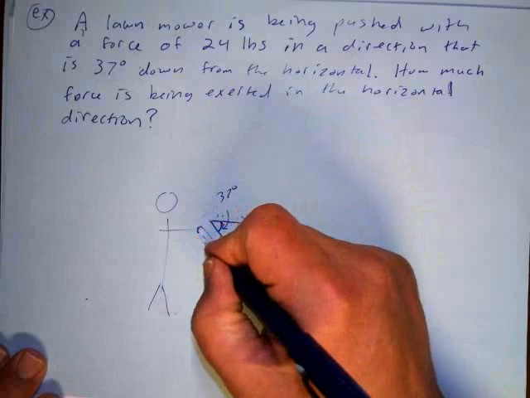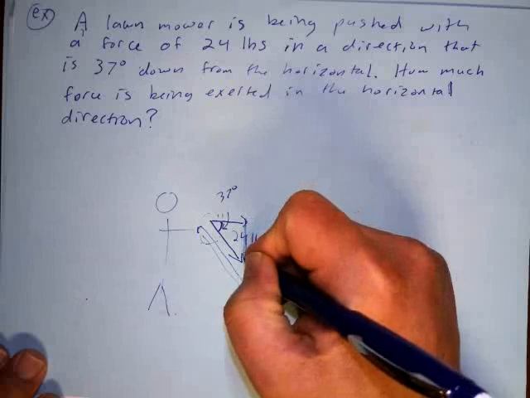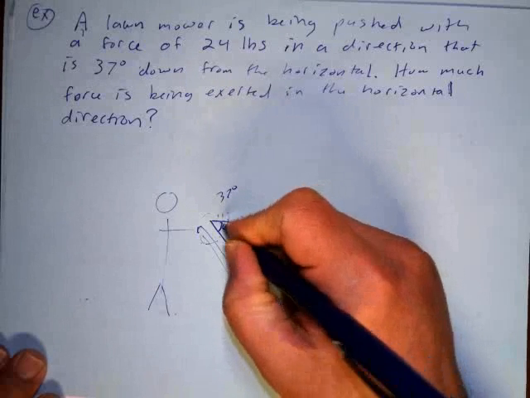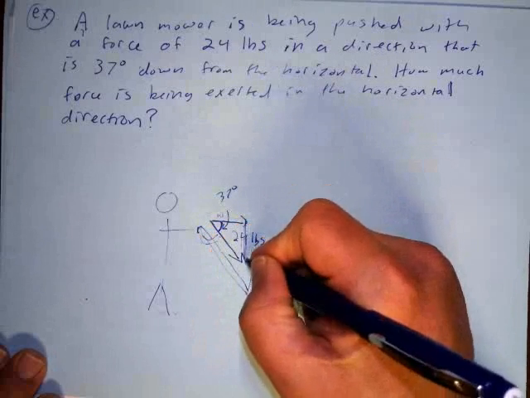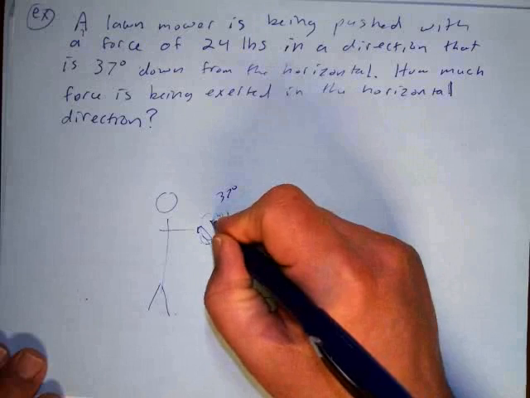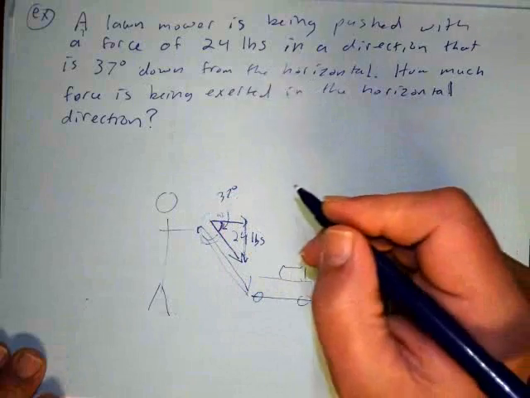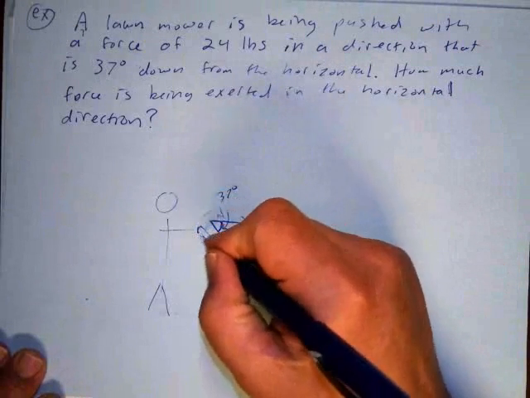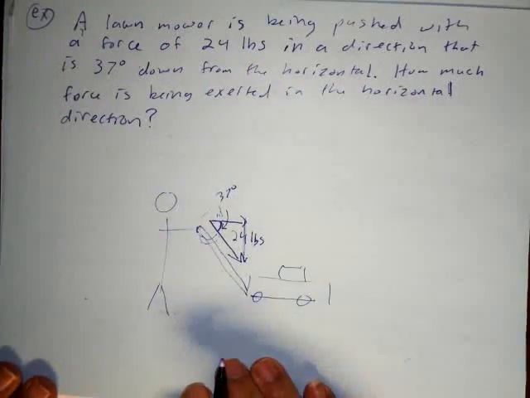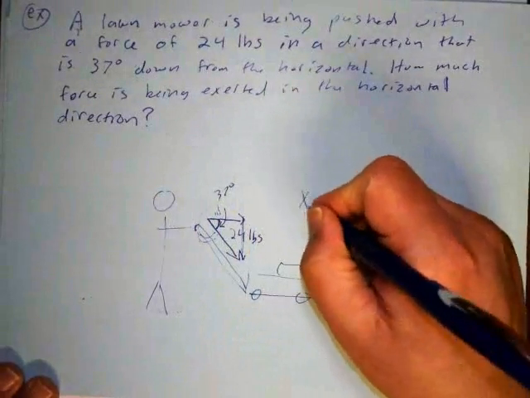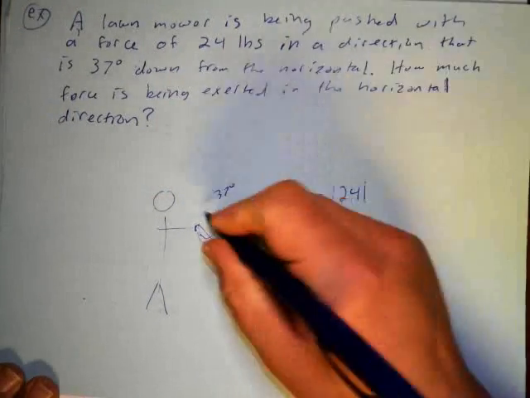Notice though, if you use the angle going around the unit circle, you would get a downward vertical component, which makes sense because it is downward. So using the actual rotation around the unit circle gives you the right sign on your vector. If you use 37 degrees, it would be a vertical vector going upward. But in this case, either way, the cosine is going to be the same.